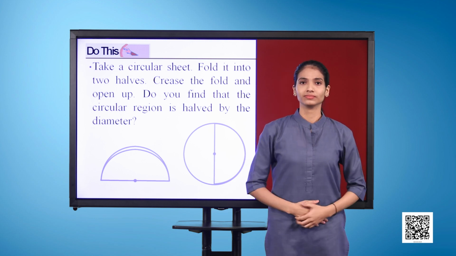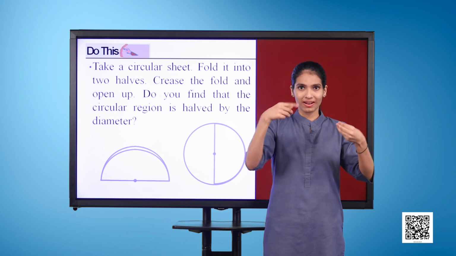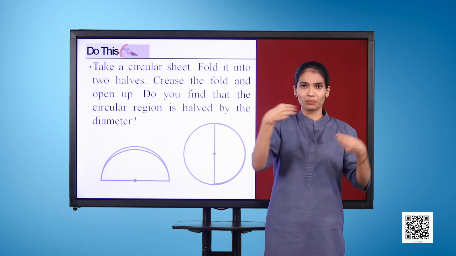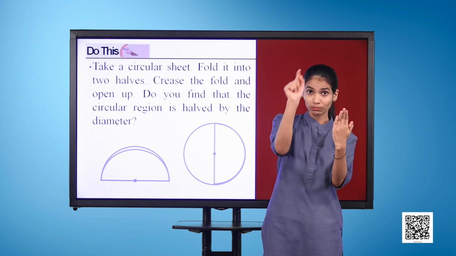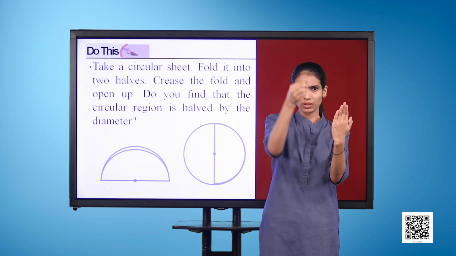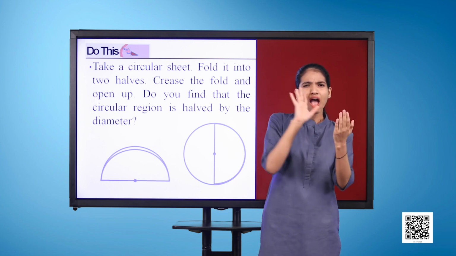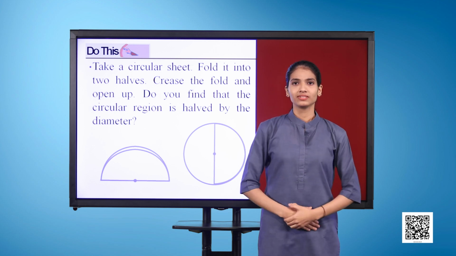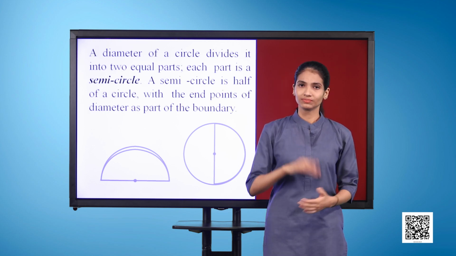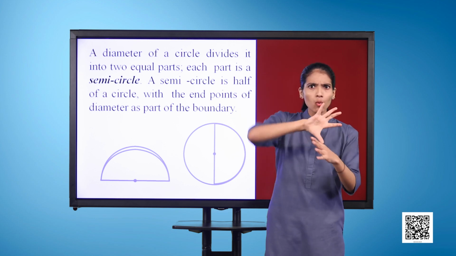Do this. Take a circular sheet. Fold it into two halves. Crease the fold and open up. Do you find the circular region is halved by the diameter? A diameter of a circle divides it into two equal parts.